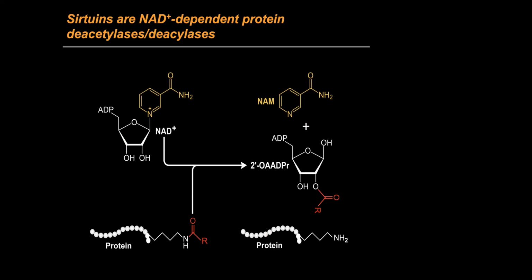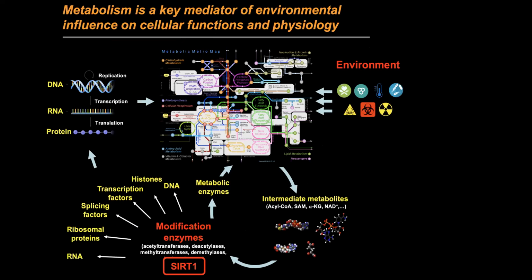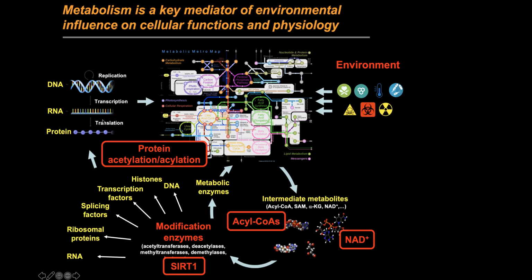So this NAD-dependent activity makes sirtuins a very unique family of metabolic sensors that can integrate the metabolic signals from two important intermediate metabolites, acetyl-CoA and NAD, with protein modification, epigenetics, gene expression, as well as cellular energetic status. So they are important for cellular response to the environment.